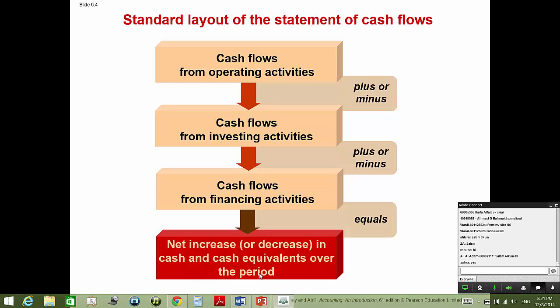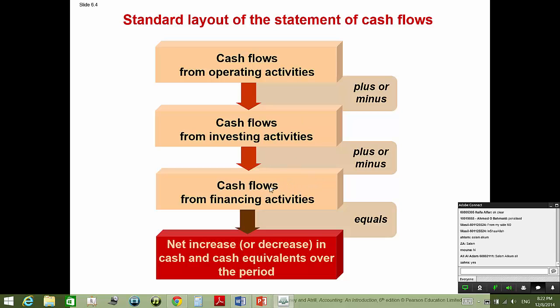When should we subtract the cash from investing activities? If the cash flow from investing activities was minus, if we invest in any asset, then we have to deduct the cash from investing activity from the cash of operating activity. The same thing happens in the financing activity.